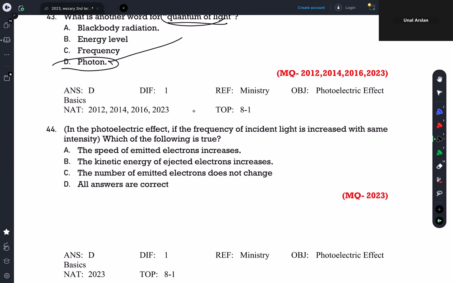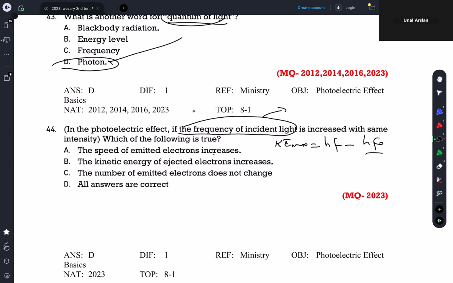In the photoelectric effect, if the frequency of the incident light is increased with the same intensity, which of the following is true? Frequency increases, photon energy increases. So speed of the emitted electrons increases according to the maximum kinetic energy equation: energy of the photon minus work function.